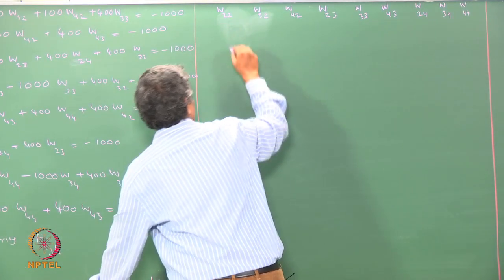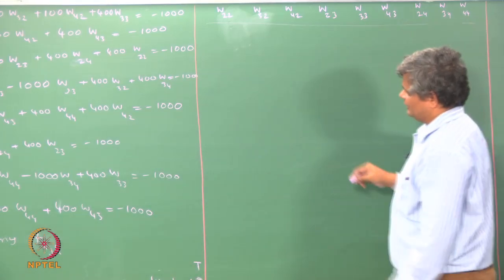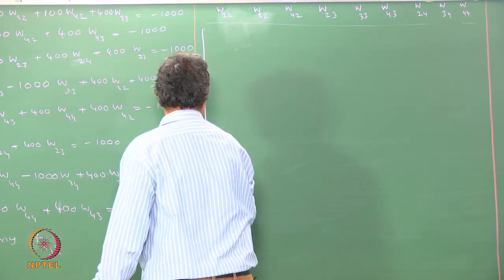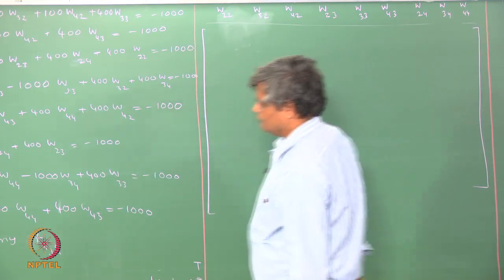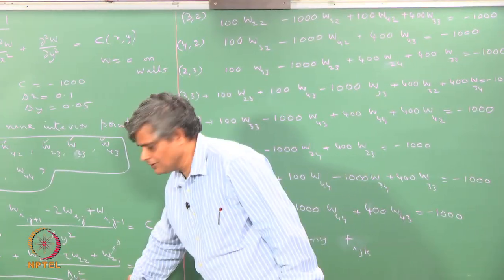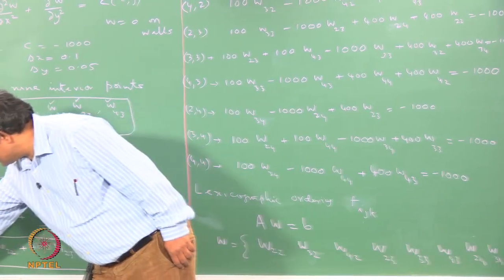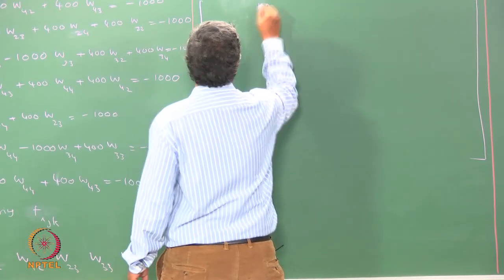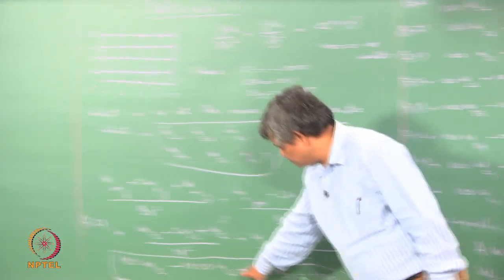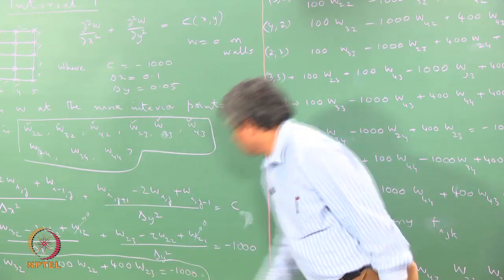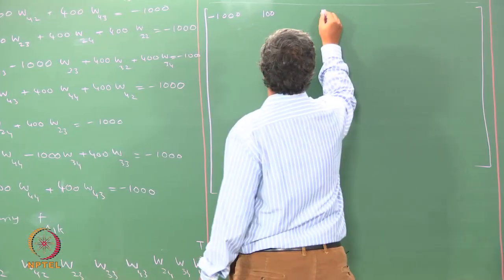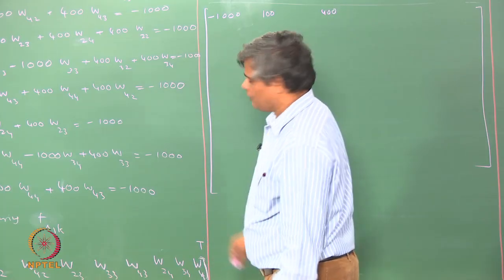This is just a mnemonic for us to understand. Our coefficient matrix is this, and when we look at the first equation, we see that it has 100 for W32, and for W22 we have minus 1000. So we put minus 1000, and for W23 it has 400, and all the others are 0.